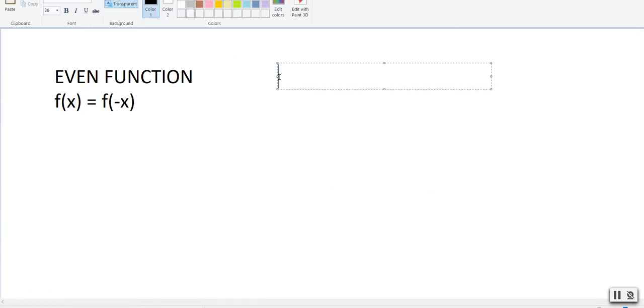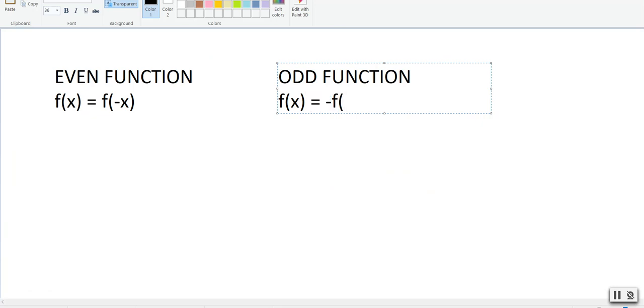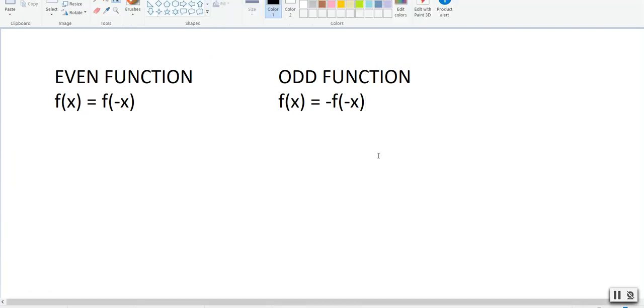If we have an odd function, f of x is the opposite of f of the negative of x. So if we put in negative x for all the x's in the original function, and it comes out to be every term opposite, we know we have an odd function.